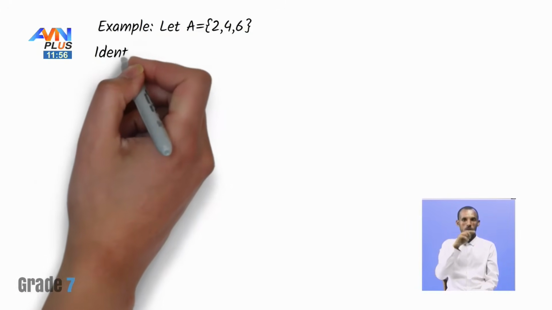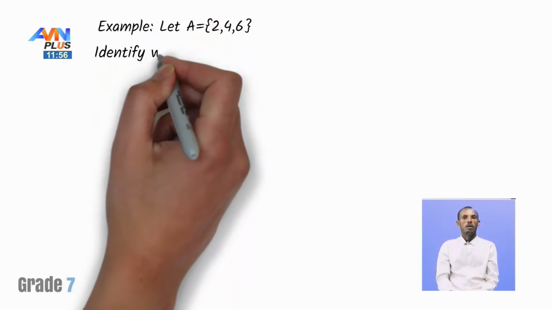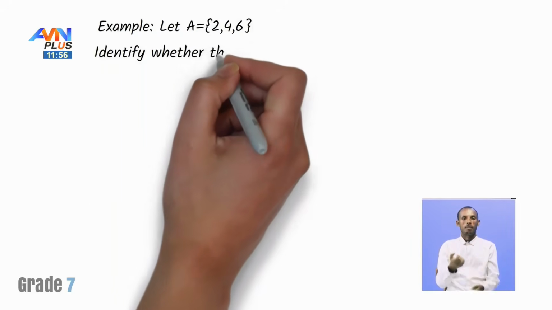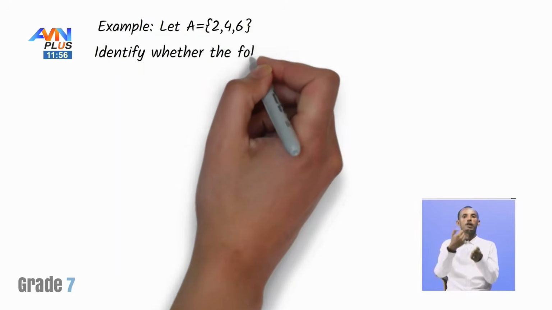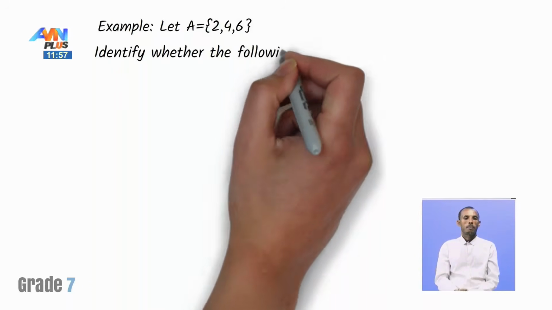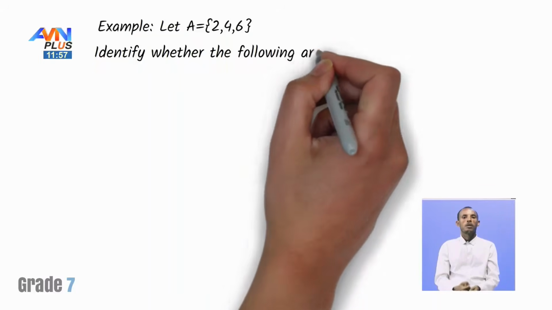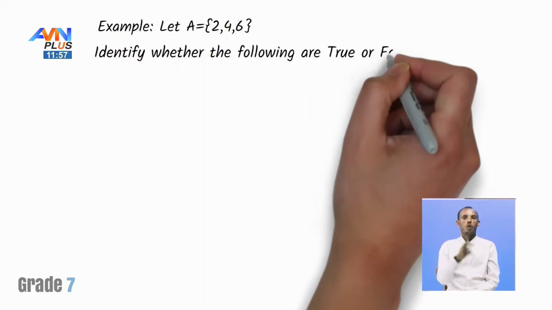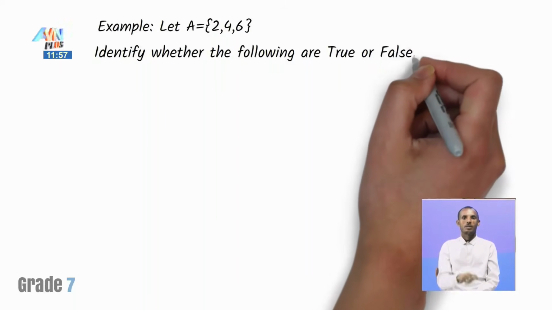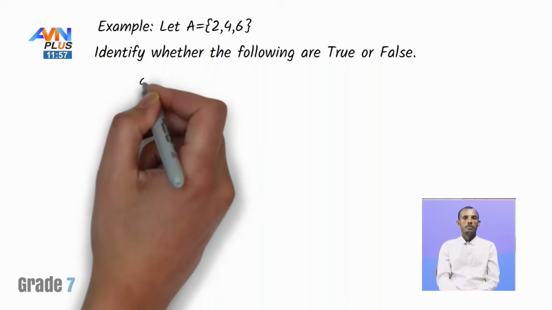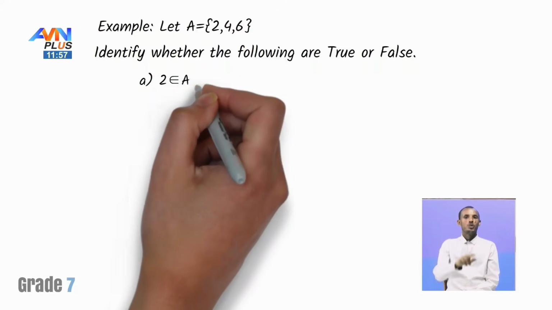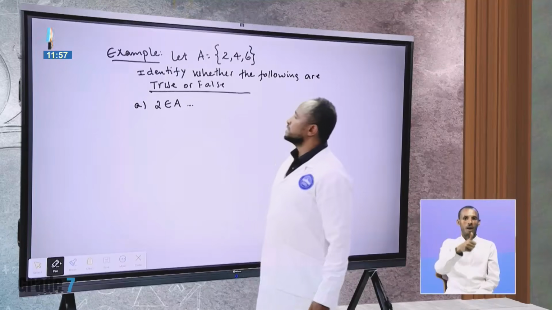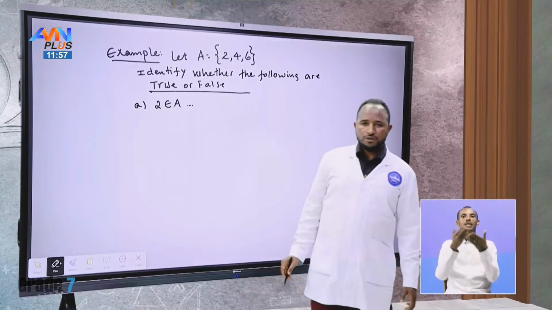First, 2 is an element of A. Is this statement true or false?